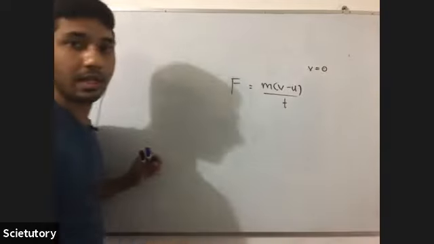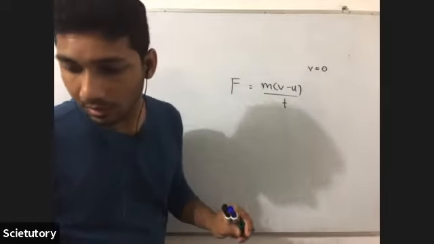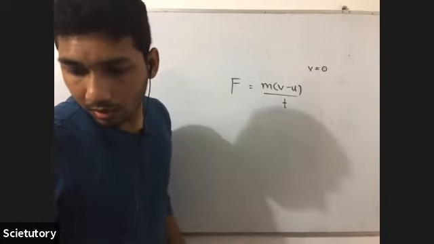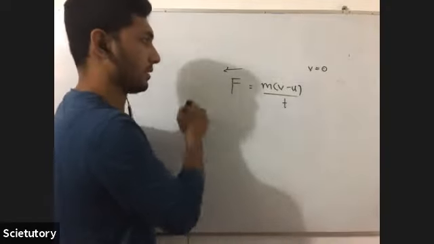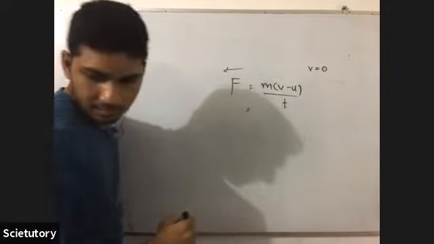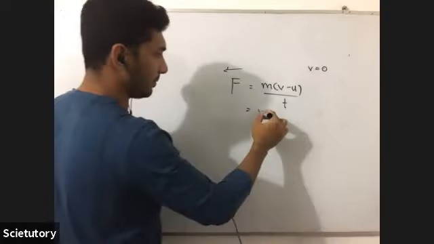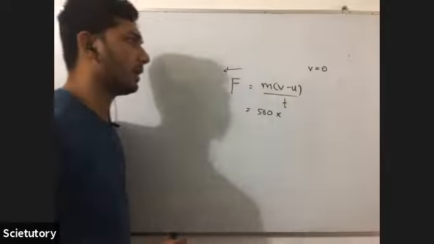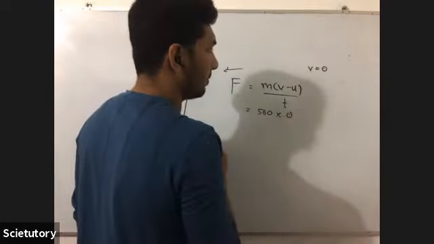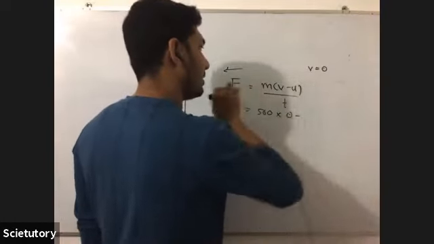So the force acting on that particular object is in this direction. So I'm using the equation in this direction. So m is 500 kilogram. V is what? Final velocity 0 minus initial velocity, which is in this direction.